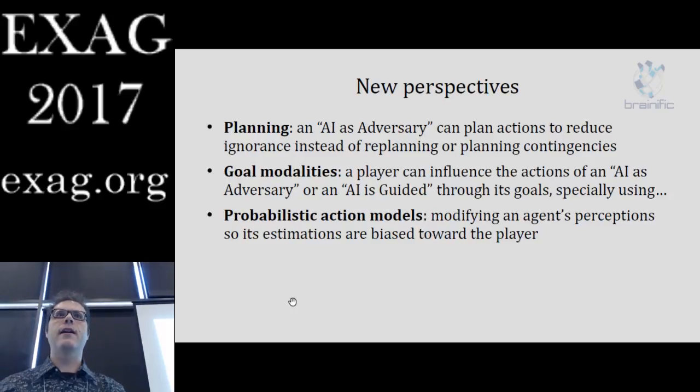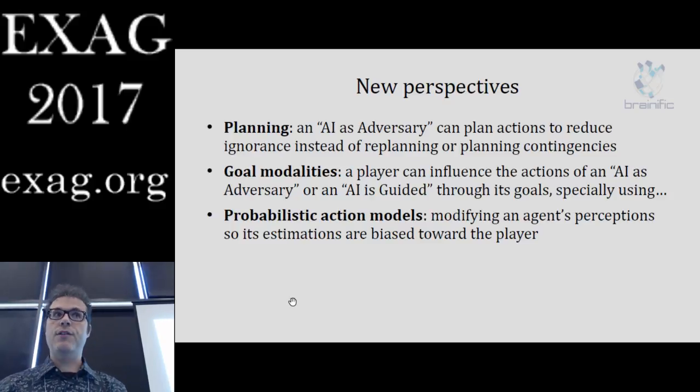We can also add goal modalities, so that we can reason about the goals that an agent may have, so that an agent will take the actions that directly advance its goals. And it could be interesting, for example, to give information to an agent so that the agent will take an action that will drive them to a goal. That will have, in turn, beneficial side effects, for example, for the player or other NPCs.